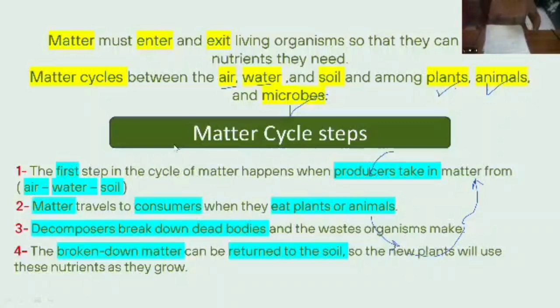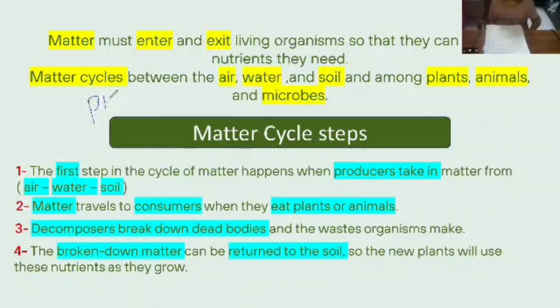So let's hear the matter cycle steps. Number one. The first step in the cycle of matter happens when producers take in matter from air, water, and soil. Okay? You know, Yasmina, if I wanted to make a food chain, I always start with a producer.